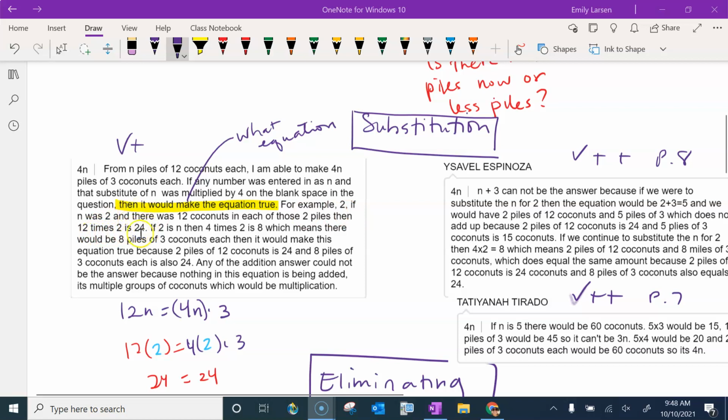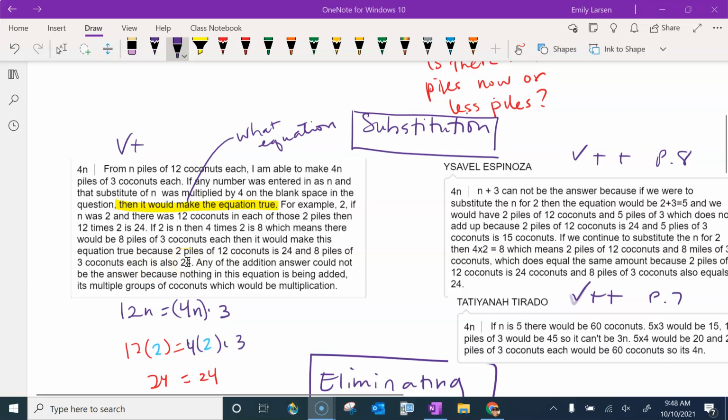So 24 would be the total amount of coconuts. If 2 is n, then 4 times 2 is 8, which means there would be 8 piles of 3 coconuts each. Then it would make this equation true, because 2 piles of 12 coconuts is 24, and 8 piles of 3 coconuts is also equal to 24.